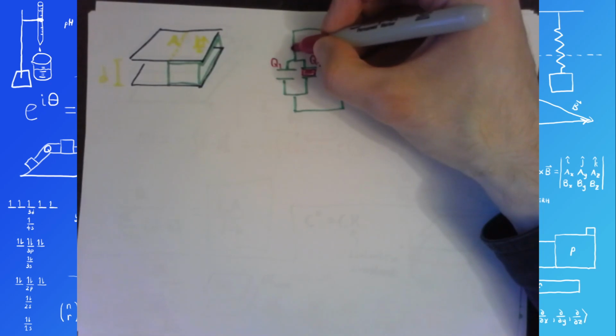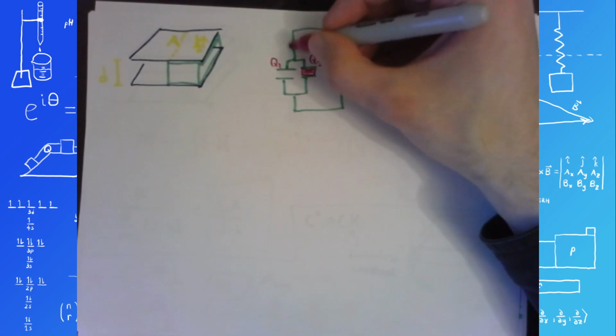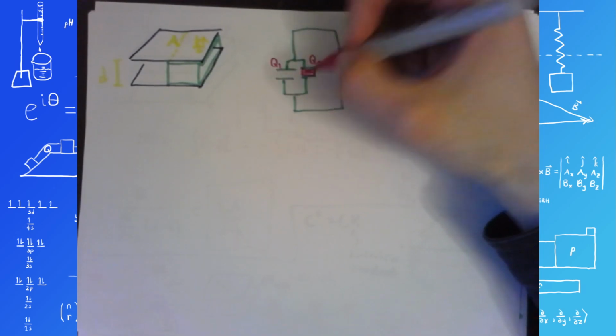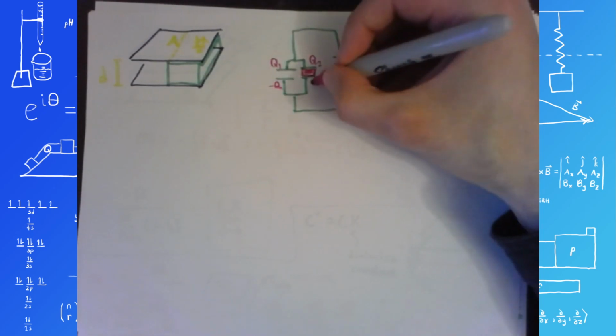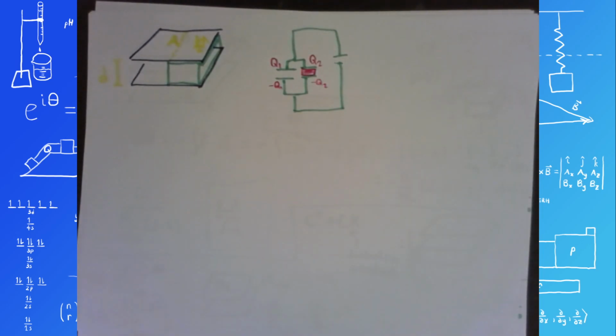So you get a total charge of negative Q1 plus negative Q2 travels through this circuit, goes around and gathers on this side, so you get a total charge of negative Q1 and negative Q2 over there. So that total is constant.